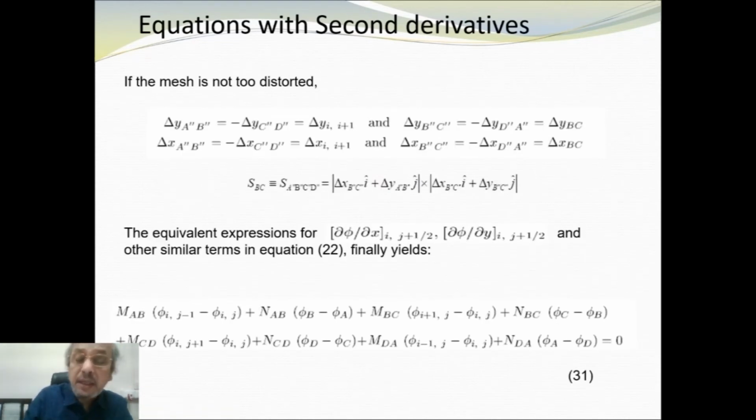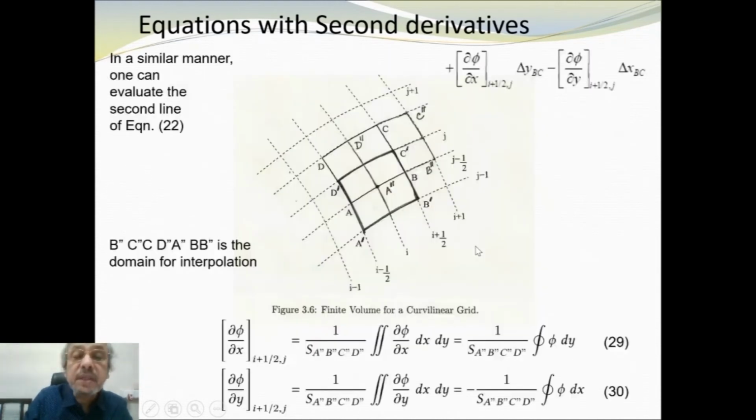Similarly, we will evaluate the third line. Third line means del phi del x at I j plus half and del phi del y at I j plus half.